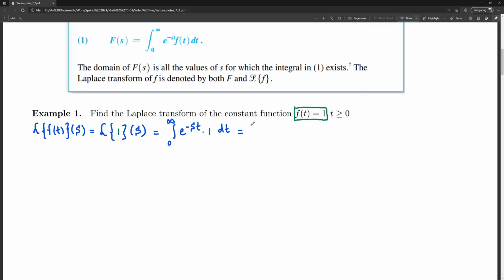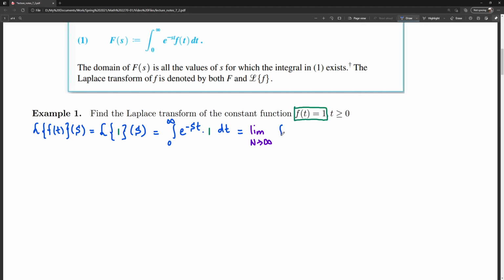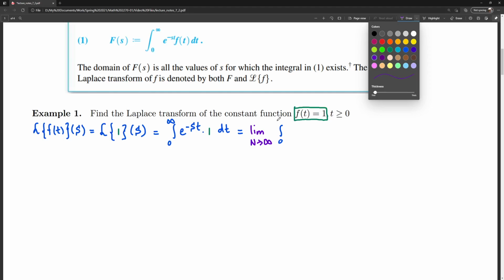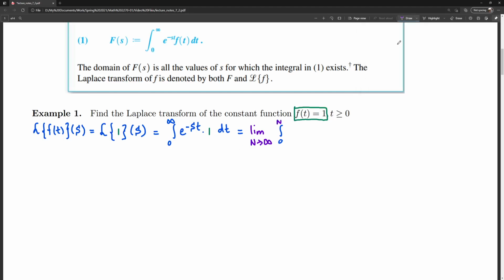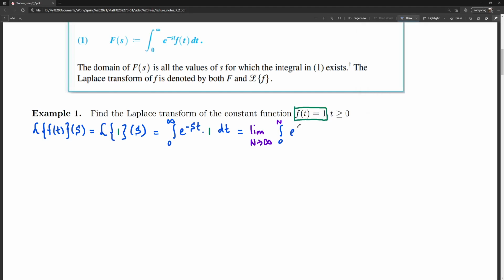The improper integral is defined as the limit as n goes to infinity of the definite integral from 0 to n of e to the power negative st dt.